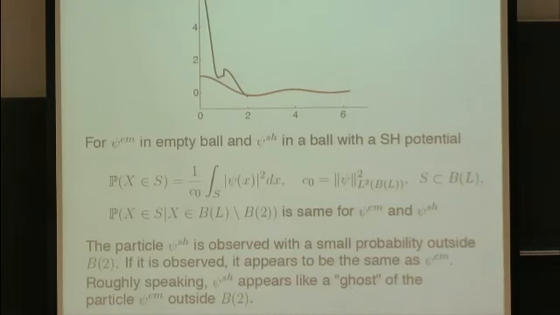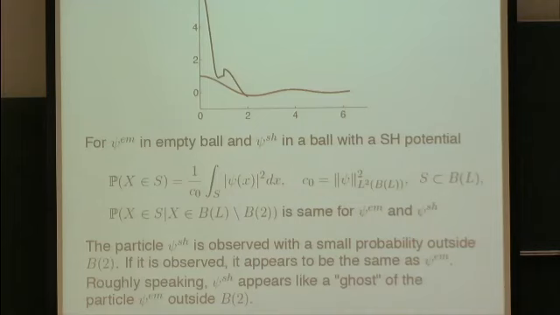And now the normalization constants are different for the empty ball and the Schrödinger hat, but the solutions coincide here. So what does this mean? First, it means that in the Schrödinger hat, the particle is observed with very small probability outside the ball of radius 2.